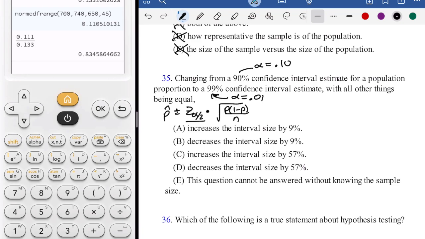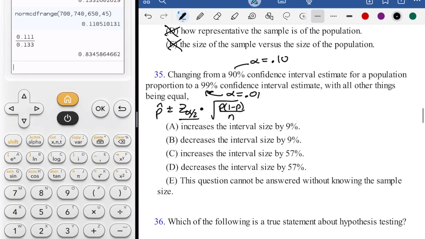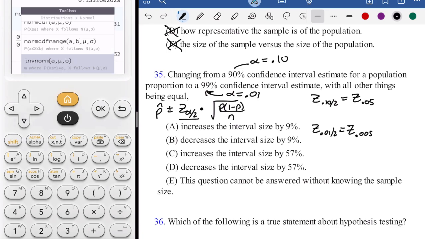So z sub 0.10 over 2 versus z sub 0.01 over 2. So that's z sub 0.05 versus z sub 0.005. Using my norm CDF, in this case we have the area, so I want inverse norm.